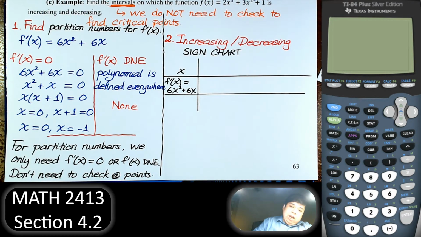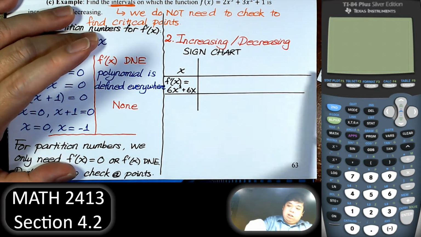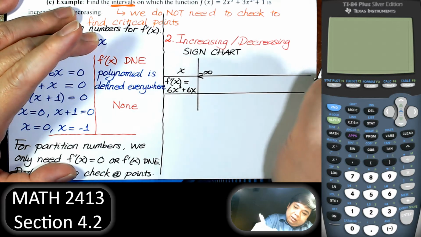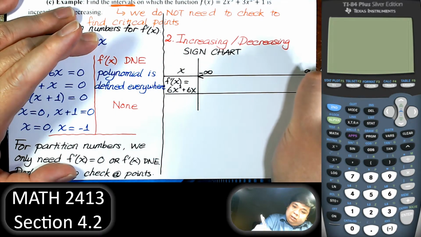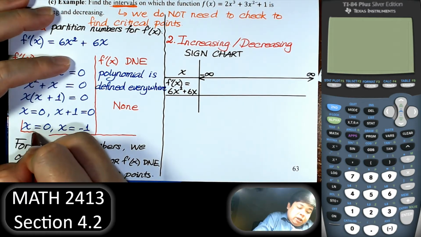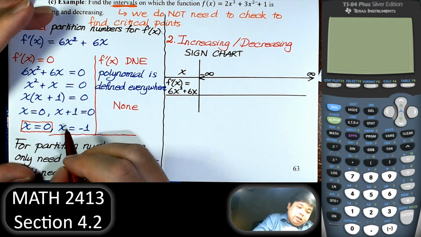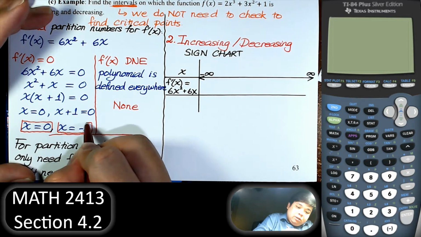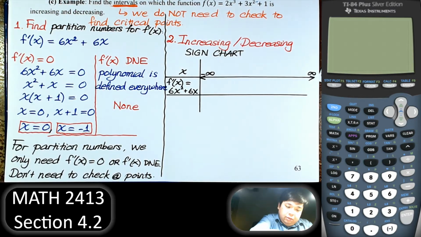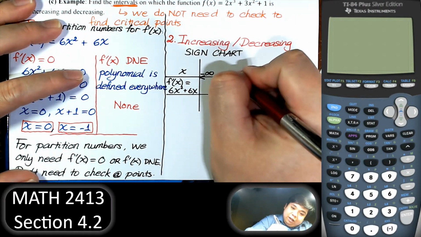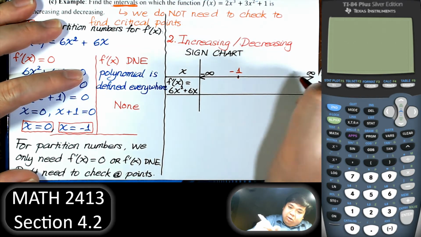Now the first line here is the number line. On that number line, we're going to put the partition numbers: x equal to -1 first and then x equal to 0.